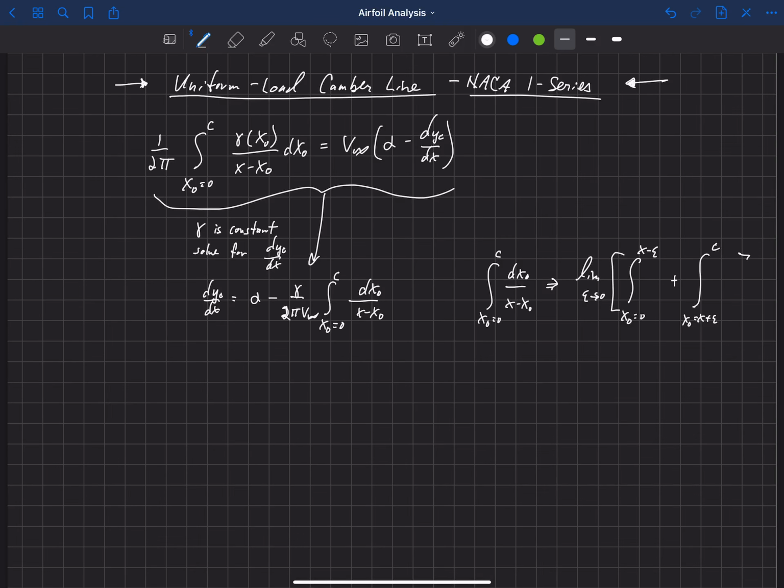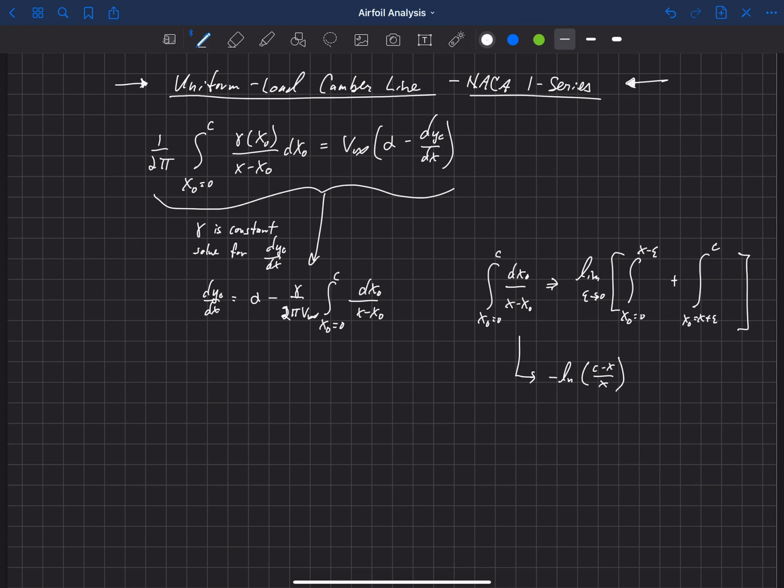We'd have to work through that, but what we get is that this is equal to minus the natural log of c minus x over x. It is singular when x is equal to x naught.